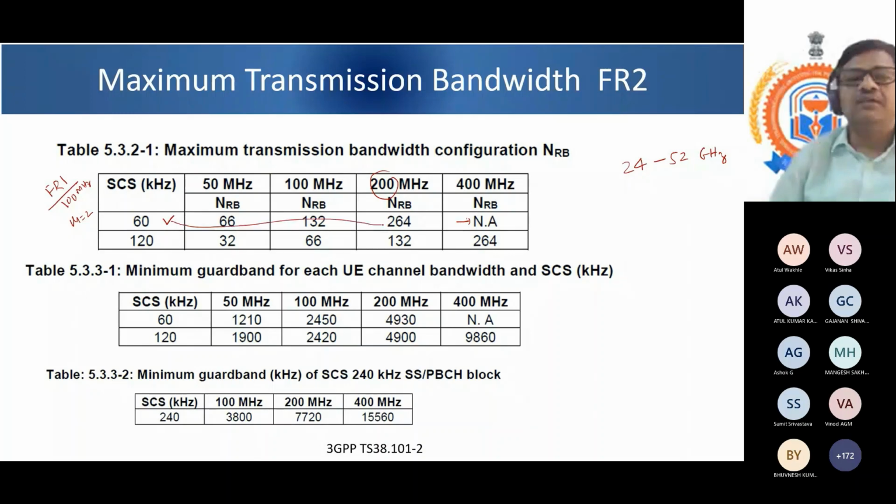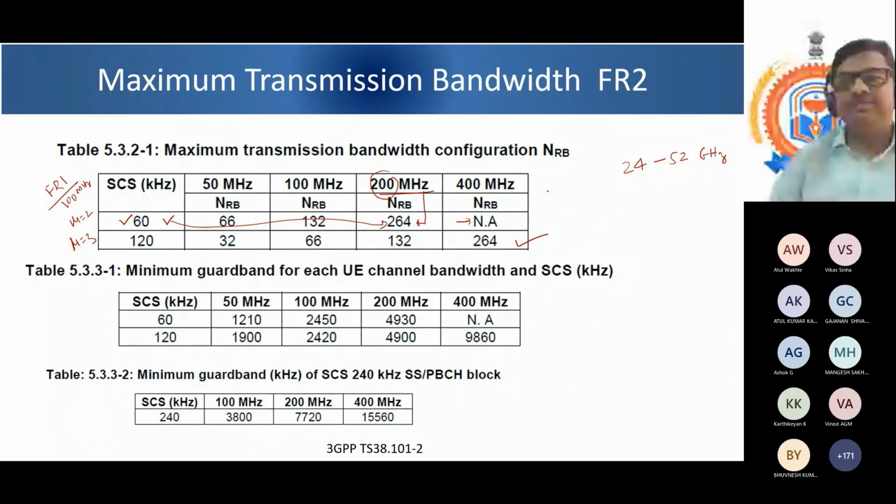Let's see this table. If we are using numerology 2, that is 60 kilohertz sub-carrier spacing, you can use a maximum of 200 megahertz channel bandwidth. You cannot go beyond that, right? In case you are using numerology 3, which is 120 kilohertz of sub-carrier spacing, you can go up to 400 megahertz.